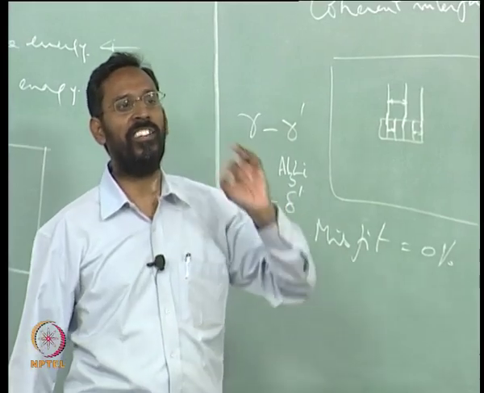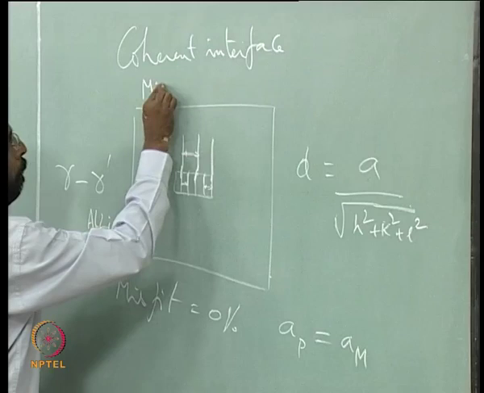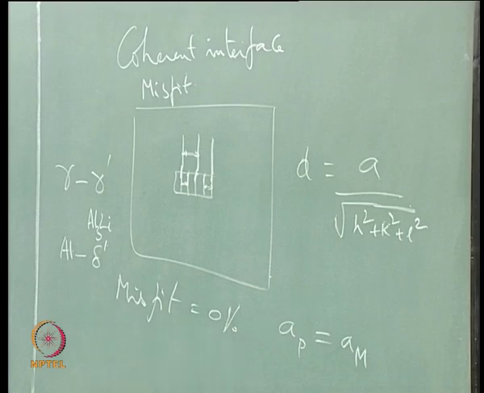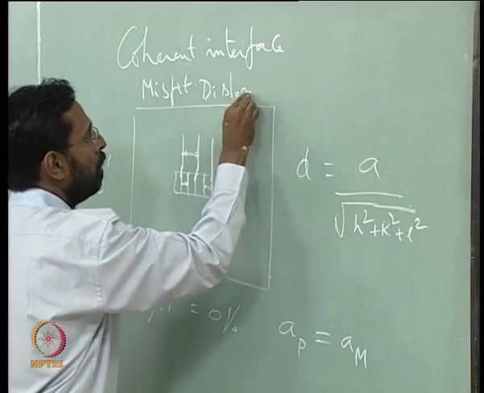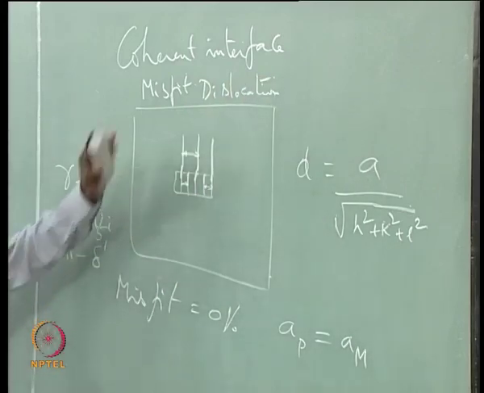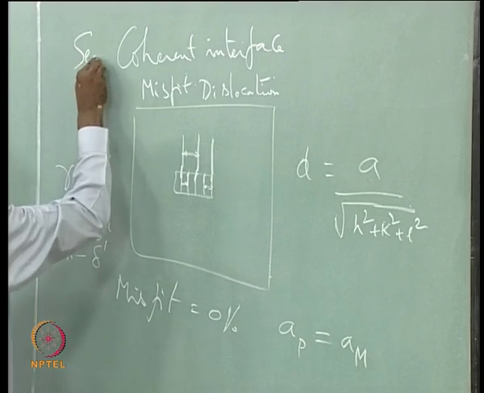These are called interfacial dislocations, and these are also called misfit dislocations, because the dislocations are coming because of the misfit. And the moment you generate misfit dislocations, we cannot call this a coherent interface anymore, we now call this a semi coherent interface.